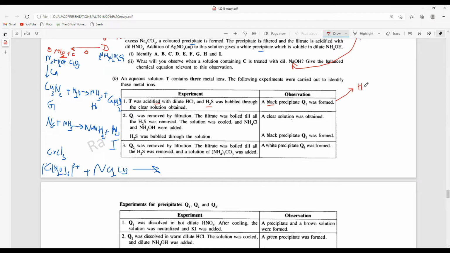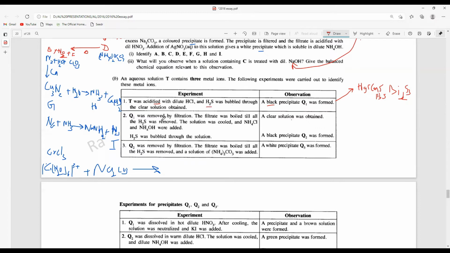It could be HgS, CuS, Bi2S3, and then PbS. So these precipitates can be formed, right? So Hg2 plus, Cu2 plus, Bi3 plus, and Pb2 plus. These precipitates can be formed in the acidic medium.